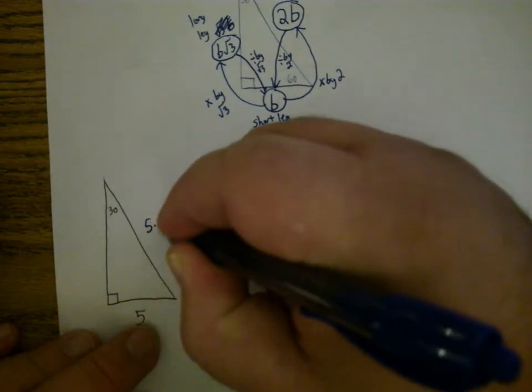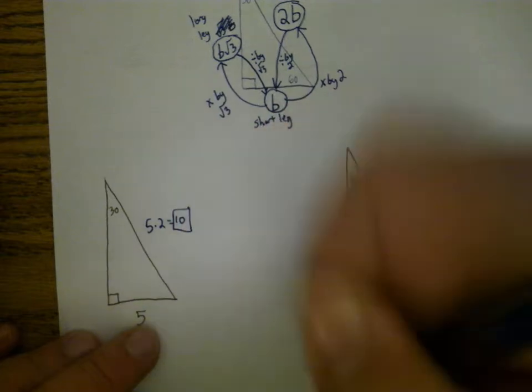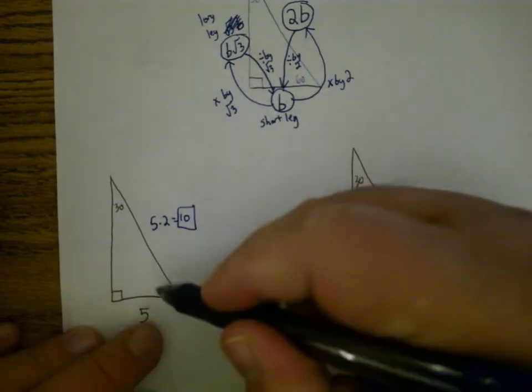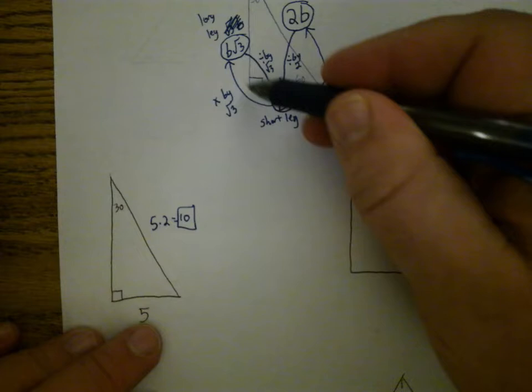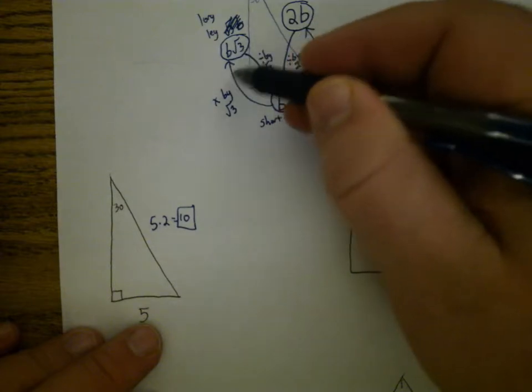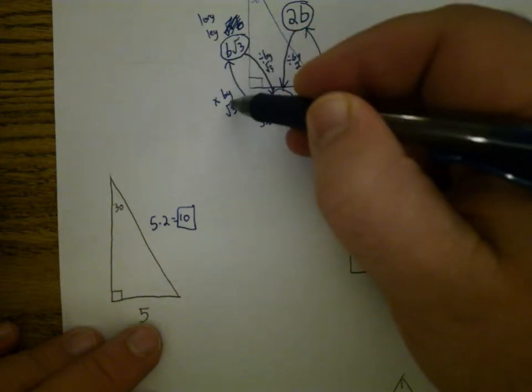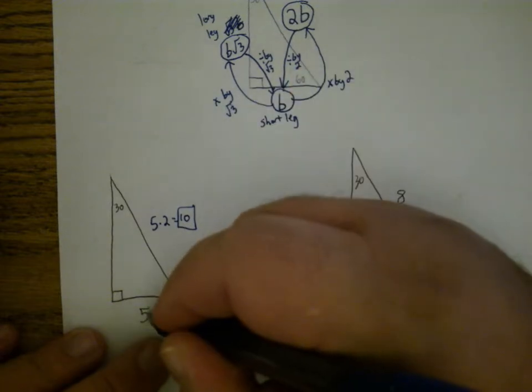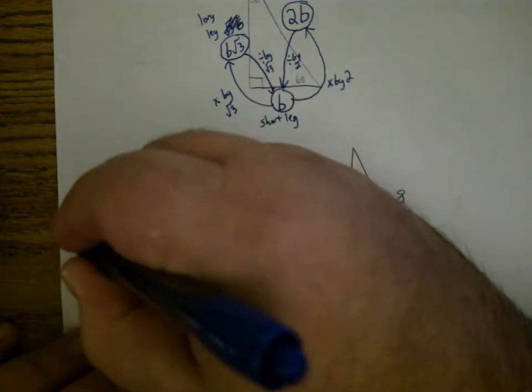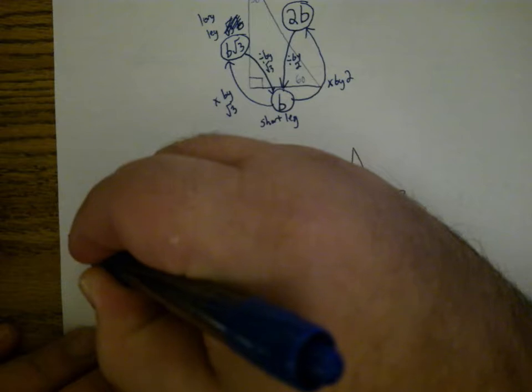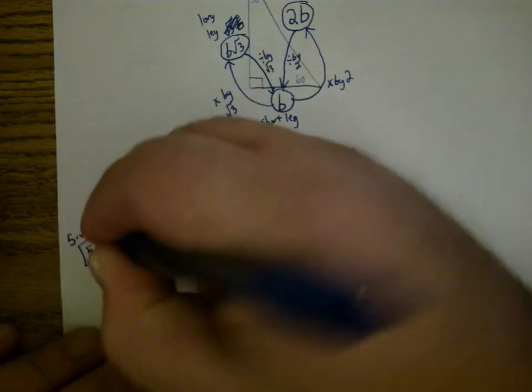So 5 times 2 is 10. That's how long that side is. To go from the short leg to the long leg, I multiply by the square root of 3. So 5 times the square root of 3 is just 5 square roots of 3. That's it.